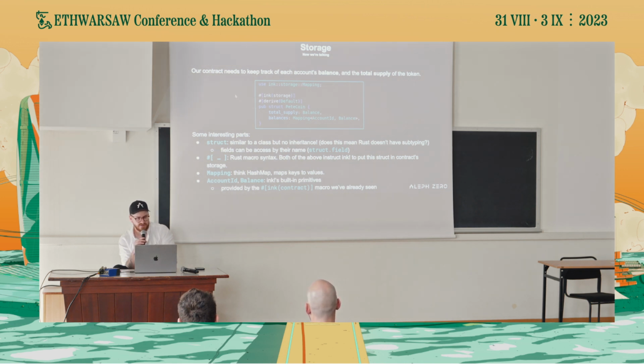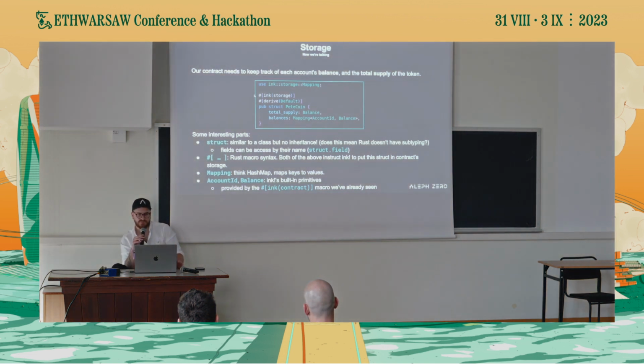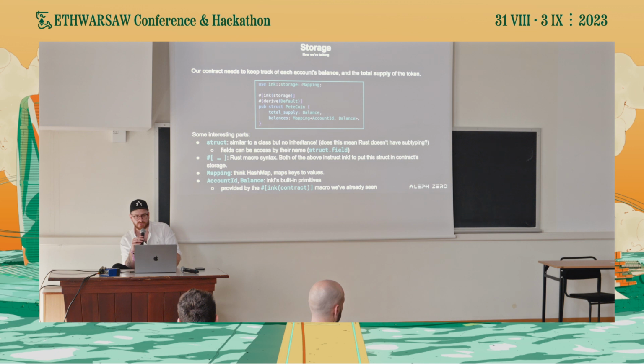Now, there's quite a few things happening here, especially if you're not used to Rust. First of all, there's the ink storage macro that does some magic, but more or less what it does is instructs the runtime how to structure the memory on chain once you upload your contract, and the details of the memory layout of the contracts are way beyond the scope of this presentation, but you can read about them at the use.ink site. It's actually a very nice piece of documentation.